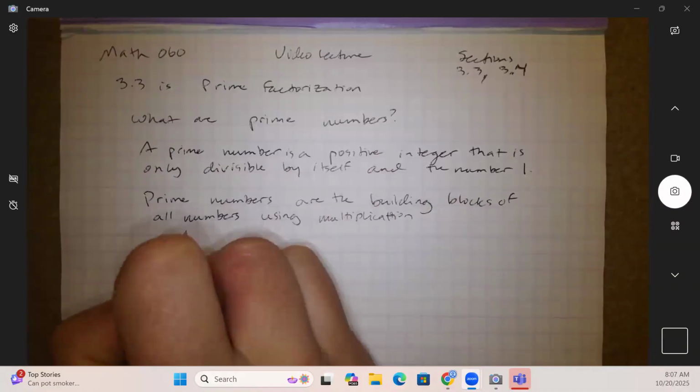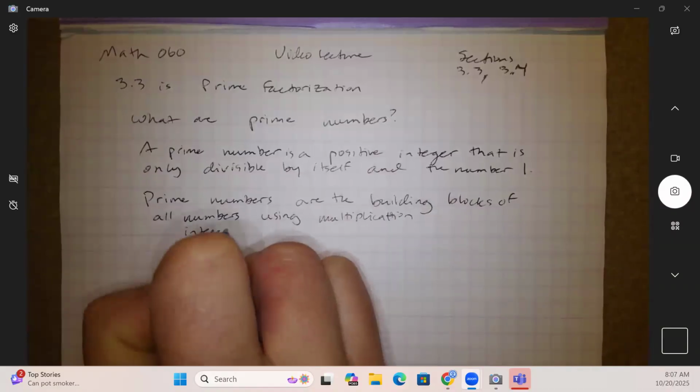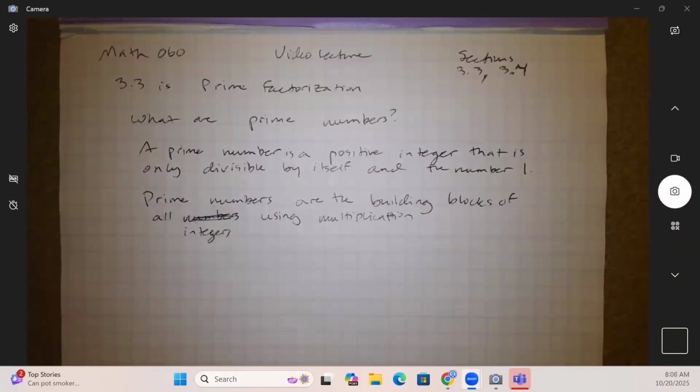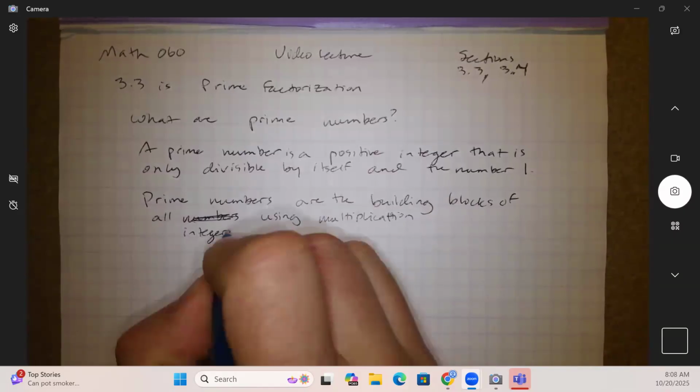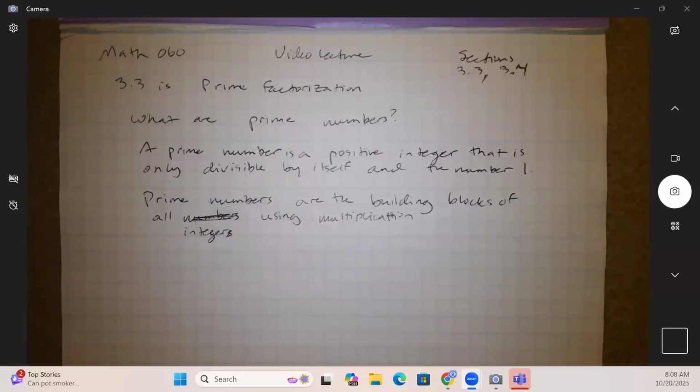I should say all integers, not all numbers. So we're just going to start listing out our numbers and we're going to see when can I build it from prime numbers and when can I not.